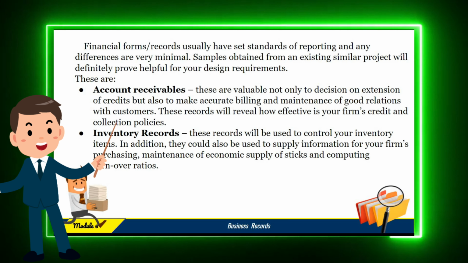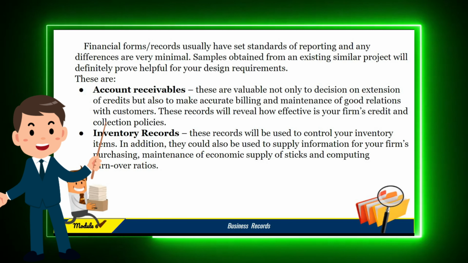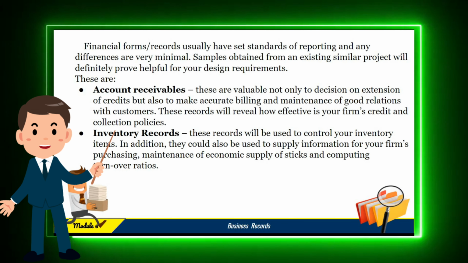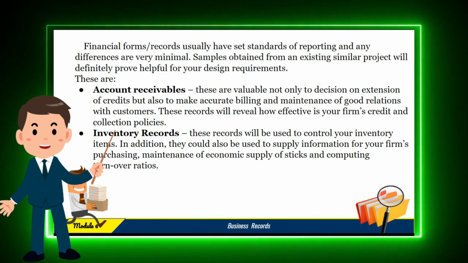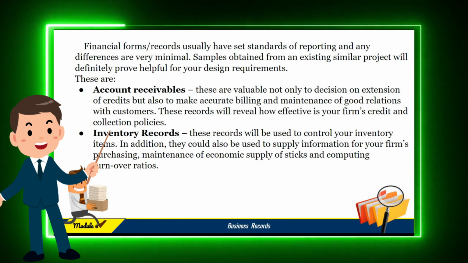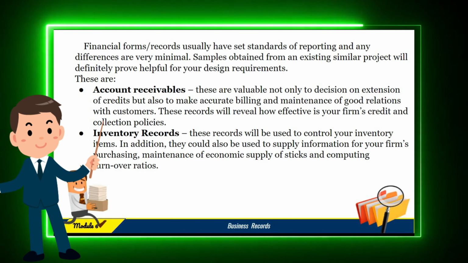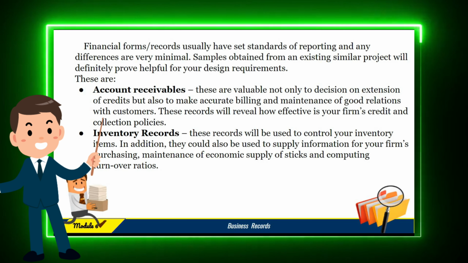So what is accounts receivable? These are valuable not only for decisions on extension of credit but also for accurate billing and maintenance of good relations with the customer. This record will reveal how effective your firm's credit and collection policies are. Okay, so that's it for accounts receivable.